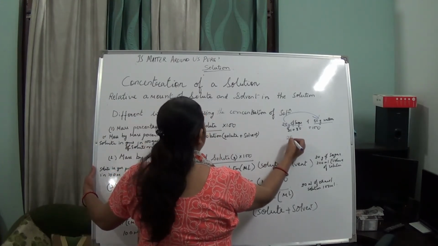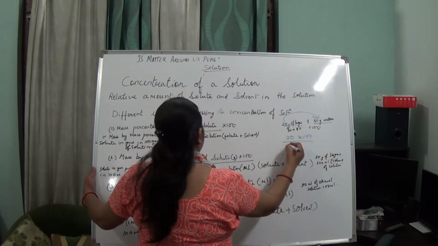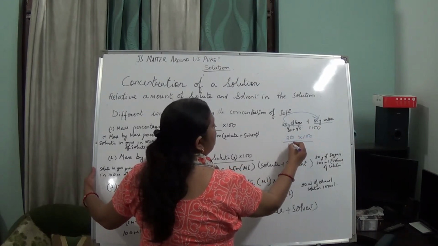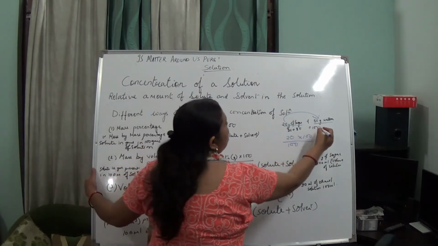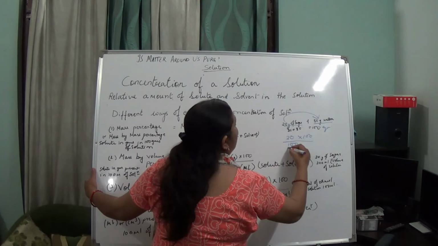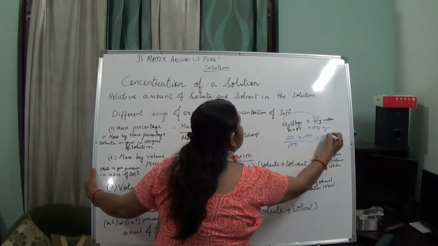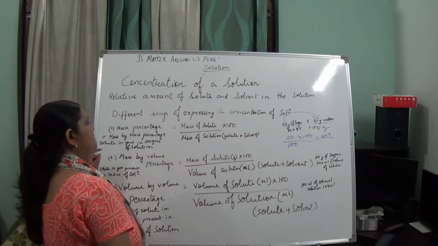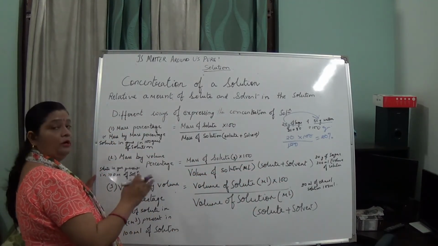Mass of the solute into 100 upon mass of the solution. Mass of the solution is 100, isn't it? So here you cancel and you get 20% mass percentage.